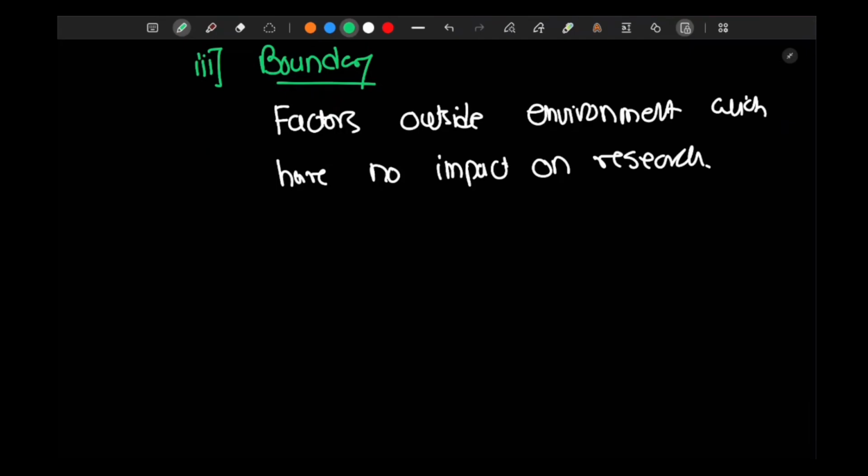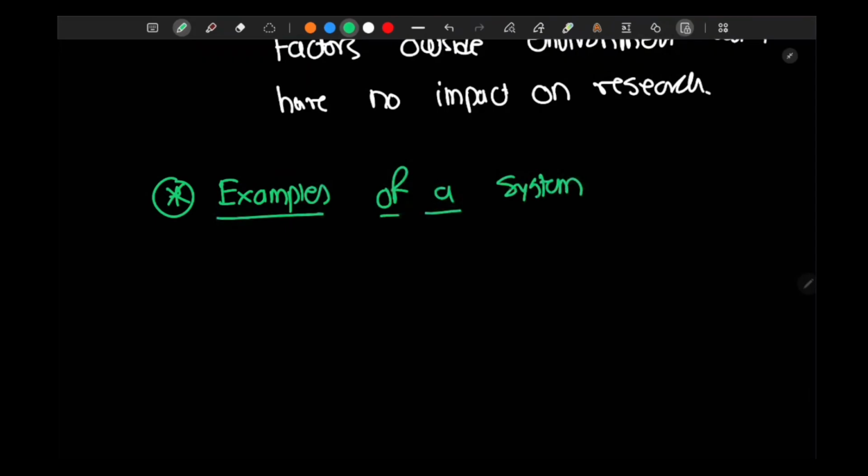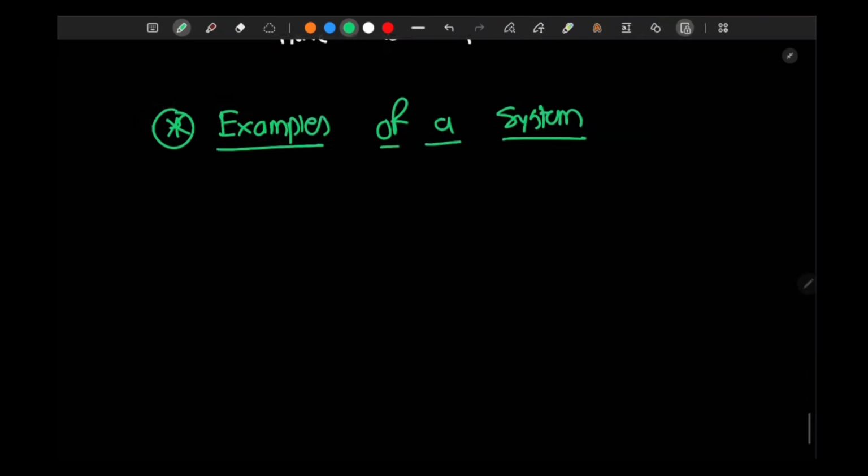Then there is subsystem, there is environment, and there is a boundary. Right? I will give you an example of a subsystem to make you understand what the features effectively represent. So, examples of a system. I can give you examples across subjects, but we will limit our understanding to political science.